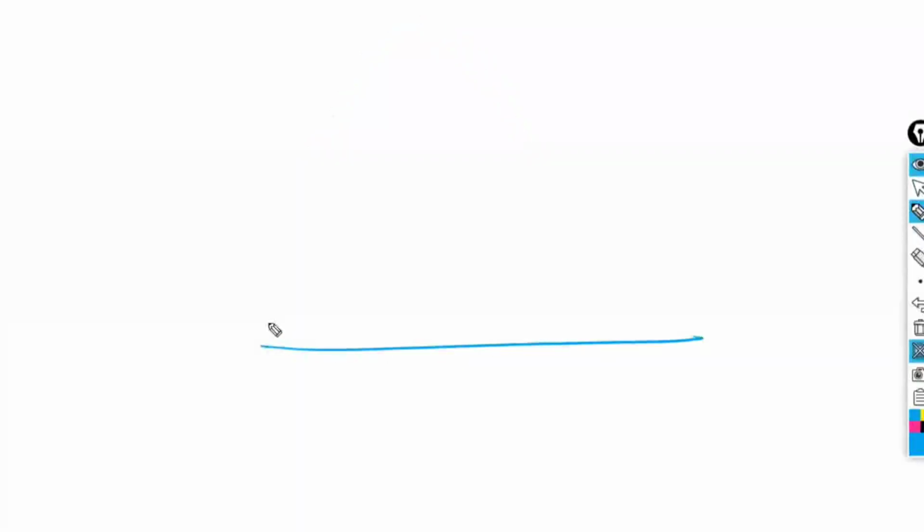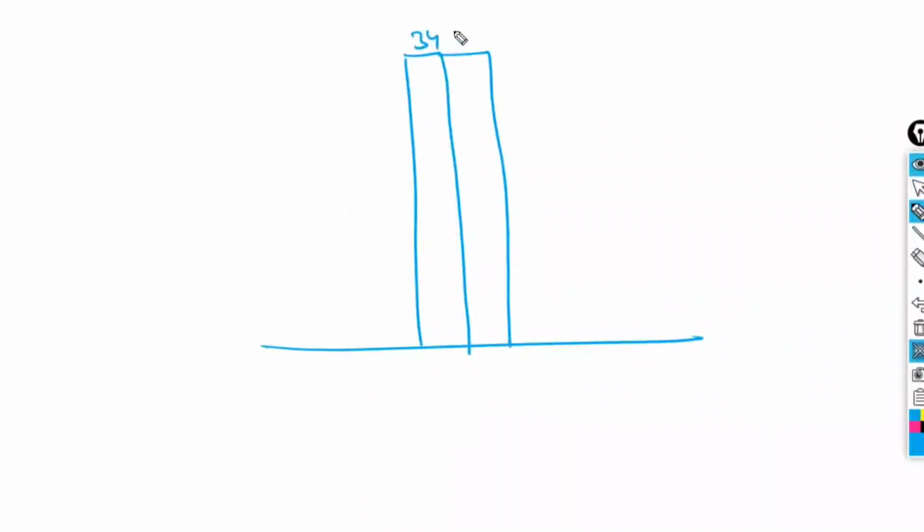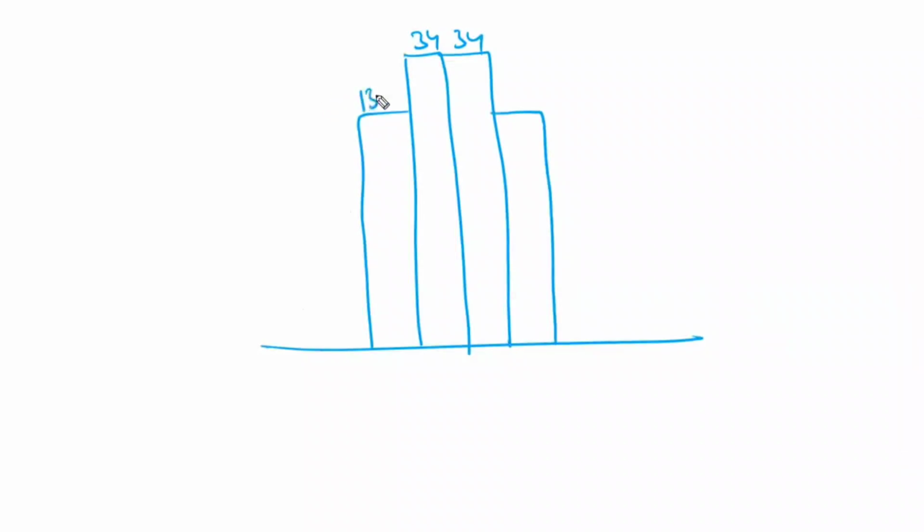For example, let me write like this. Let us take bars also. Let me explain with the values only. I'm taking some bars like this. This value is 34, 34. And I'm going to take one more bar on this side and one more on this side. This bar is 13.5 and this bar height is 13.5.